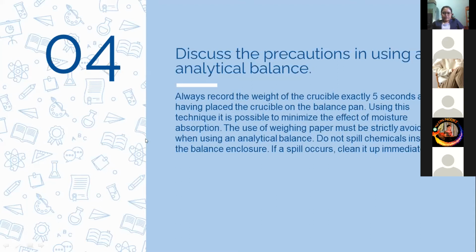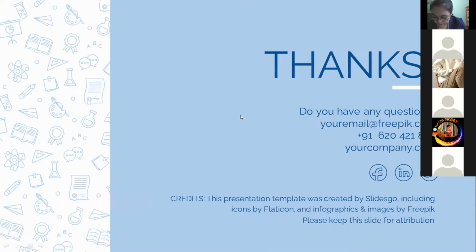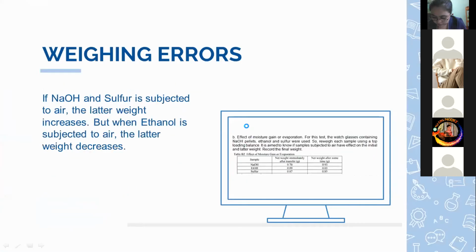Before I give my conclusion, I just need to clarify something. I was mistaken in this observation, because they should actually be directly proportional. When the net weight immediately after transfer is high, the net weight goes down after some time. So sodium hydroxide goes from 0.70 to 0.93, so it probably increased. Ethanol goes from 0.09 down to 0.03.